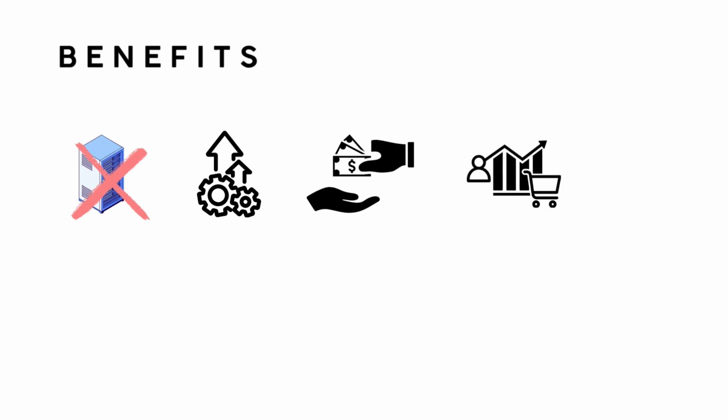Faster time to market. Simplified deployment allows developers to focus on building features instead of maintaining infrastructure. Built in availability and fault tolerance. The provider ensures high availability and handles failover automatically. Event driven execution.